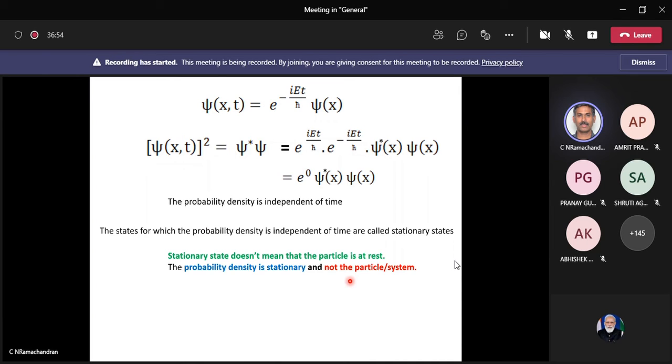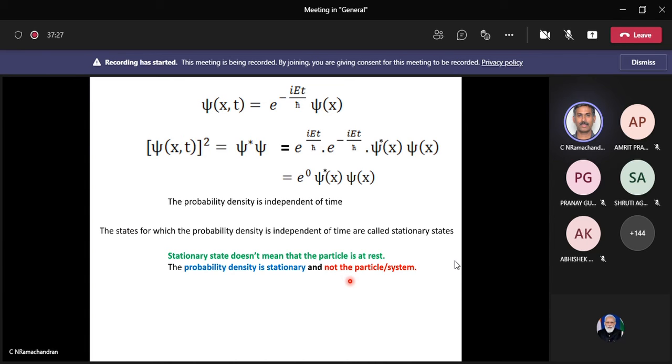In quantum mechanics we will be talking only about the probability density, not the trajectory, how it has gone from here to there. If you take that p orbital, there is a node, there is no electron there, but at the same time we are talking about electron density on this lobe and that lobe. I'm not telling that the electron is moving from one lobe to another.